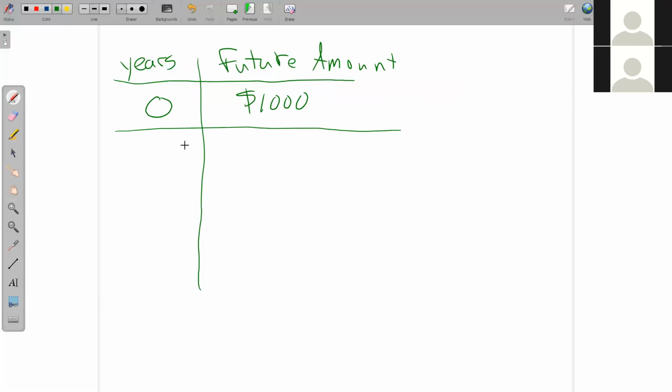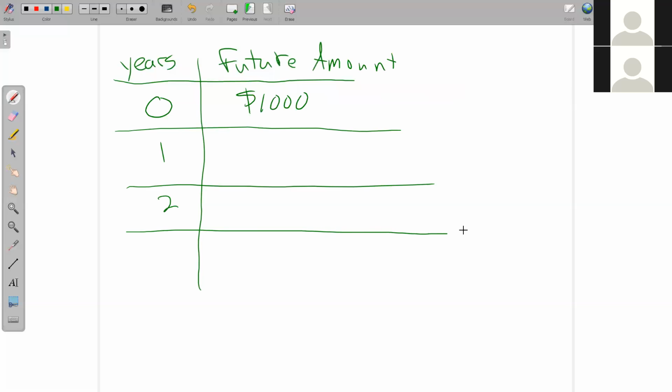And then I want to look at what happens 1 year later, what happens 2 years later, what happens 3 years later, and then we're going to hope to extend this to some kind of general formula, like where we do an N. But I'm going to call it just T down here. And we already did the calculation for 1 year. That was the $1,000 plus the $20, which gave us $1,020 total.